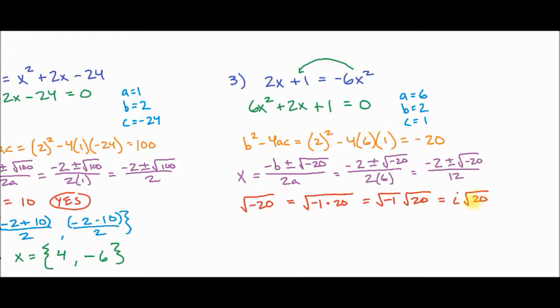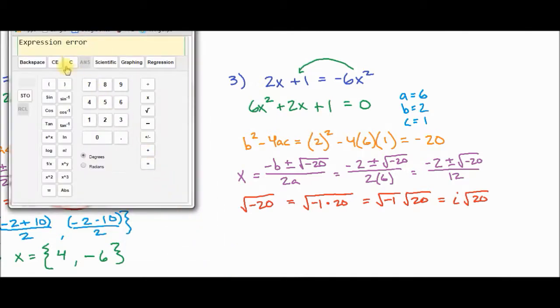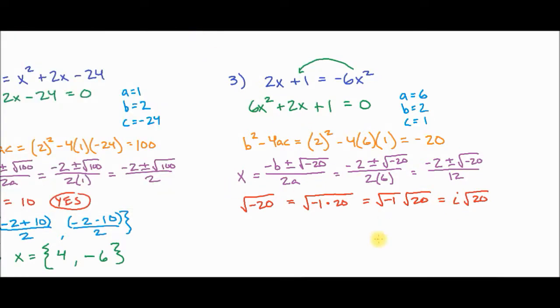Let's check and see if we can simplify square root of 20 now. Don't think we can. Let's verify that. Oops. So I'm going to go ahead and try to do the square root of 20, and that's a decimal. So we can't simplify the square root of 20, so we're going to leave it as i times the square root of 20. Next step, let's write our final answer.